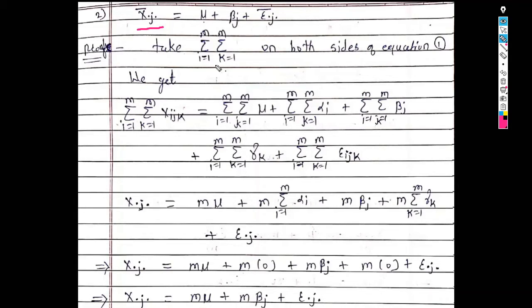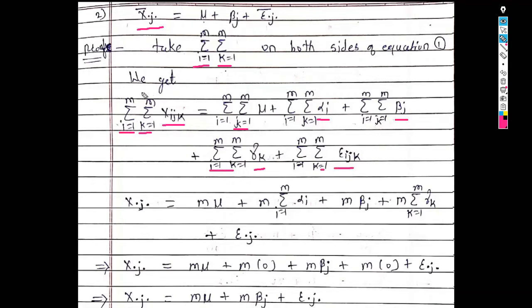To prove this statement, we take the summation over i and the summation over k on both sides of equation 1, that is, both sides of our LST model. So we get the summation over i, summation over k of x ijk equals the summation over i, summation over k of mu, plus the summation of alpha i, plus this summation of beta j, plus this summation of gamma k, plus the summation over i, summation over k of epsilon ijk.